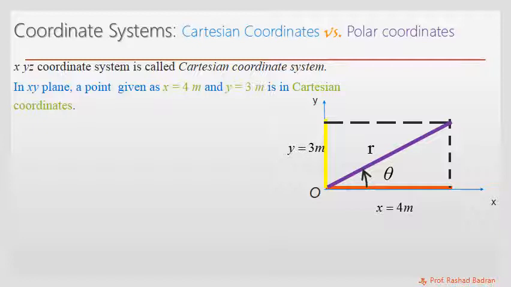This point can be transformed to another coordinate system, which is called the polar coordinate system, with an r and theta, where r is the distance from the origin to the Cartesian point, and theta is the angle between r and the positive x-axis.